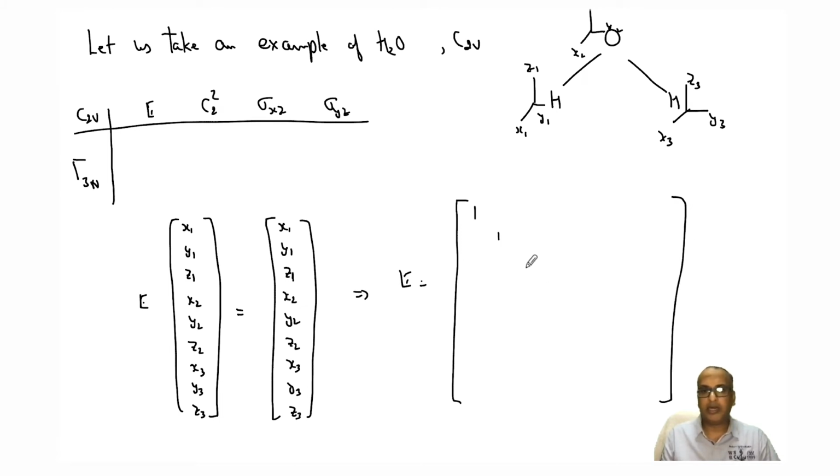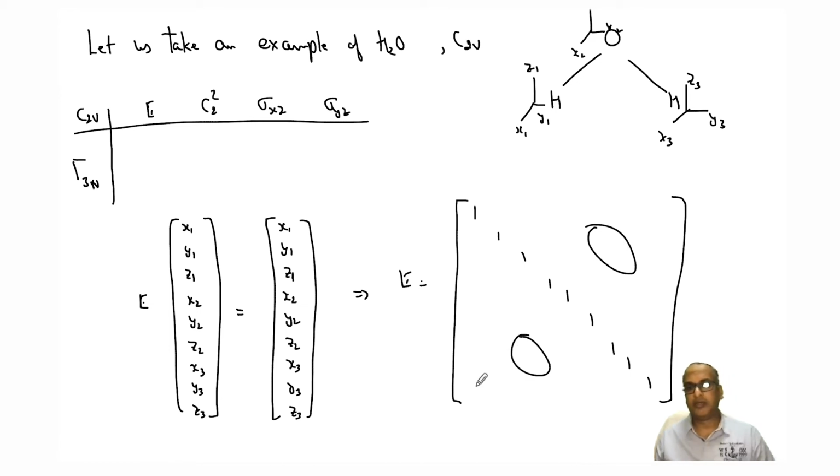So all my diagonal elements, 1, 2, 3, 4, 5, 6, 7, 8, 9, and everything else will be 0, right? So the trace will be 9, because everything will contribute.